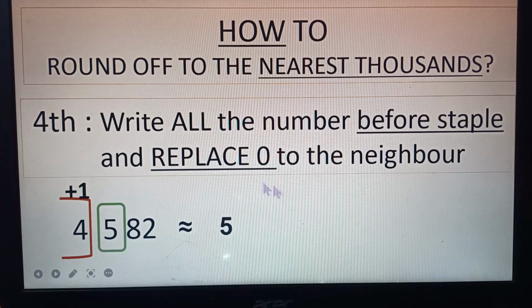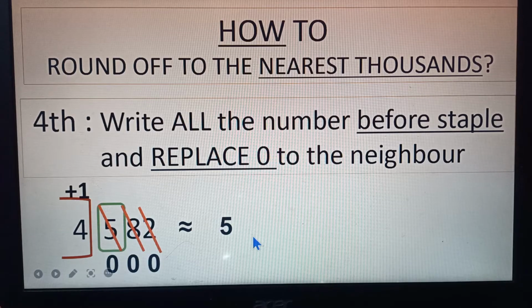Now, how about the neighbor and the others? Replace with 0. Maksudnya gantikan neighbornya yang kita bulatkan tadi, and selebihnya di belakang ni with 0. So I cancel the first 3 numbers di belakang staple tu, and I replace with 0, 0, 0. And you got nearest 1,000 is 5,000, the answer.